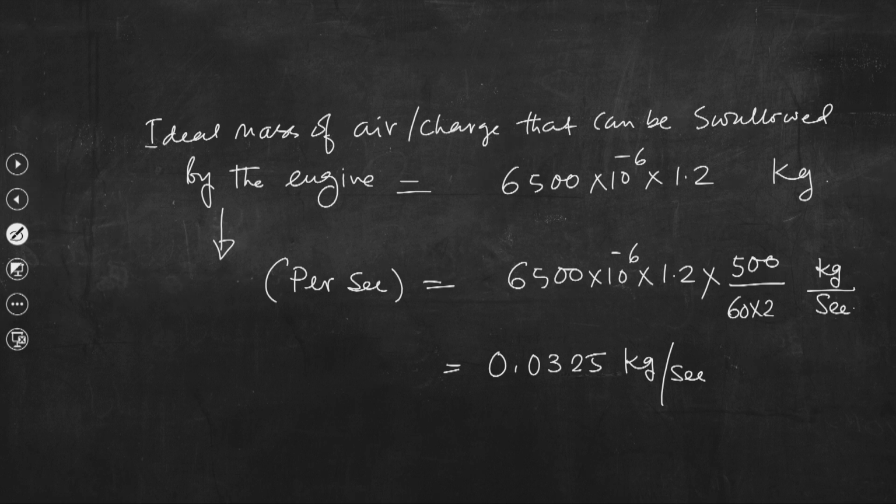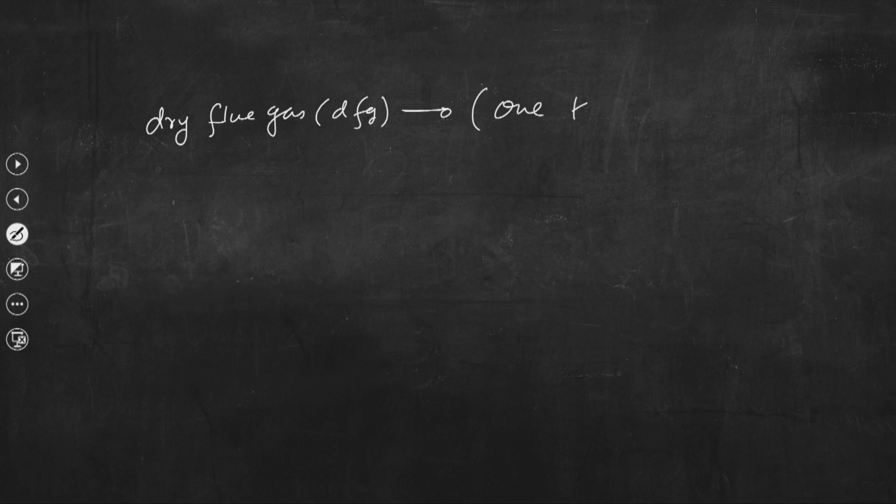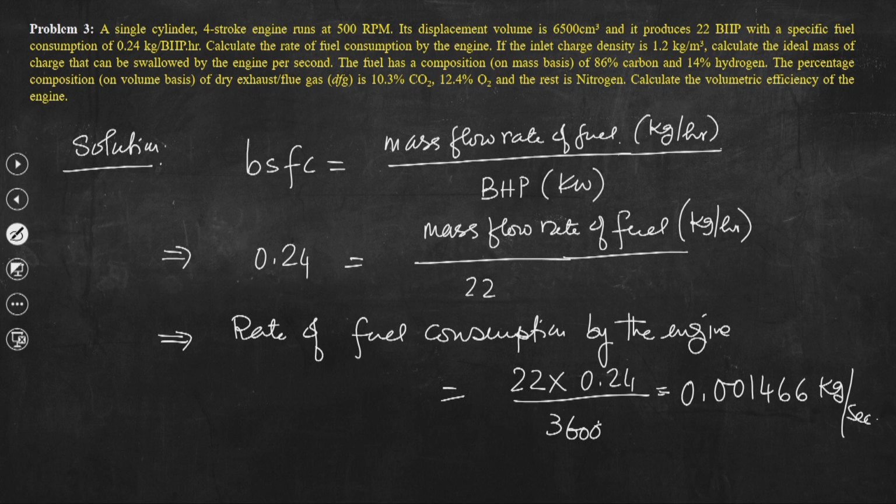Swallowed by the engine. So, now if we talk about dry flue gas, or DFG, we consider 1 kilomole of it. So, we consider 1 kilomole of dry flue gas, and then in the problem statement it is given on a volume basis 10.3% CO2, 12.4% O2 and the rest is nitrogen.